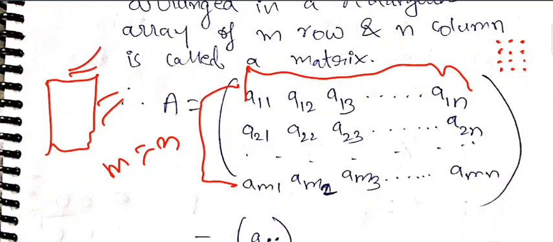Suppose I arrange the elements like this, and I ask you the number of dots over here. You will simply count these 3 and these 4, and say 4 into 3 is the number of elements. Similarly, the same concept holds for matrices as well.